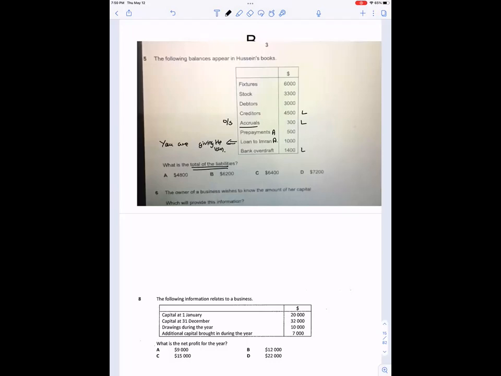And bank overdraft is a liability. So you have three liabilities and they want the total: 4,500 plus 300 plus 1,400, so it's 6,200. B. Miss, I made the mistake where I took the loan.